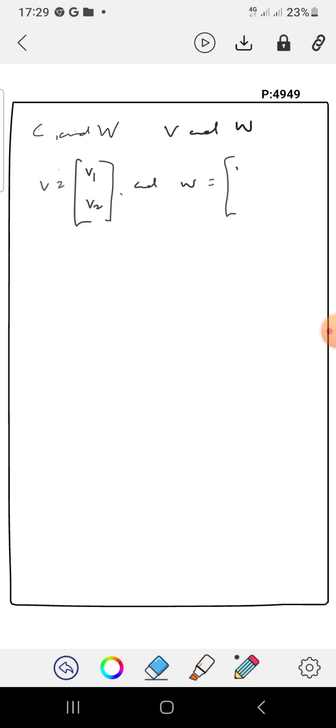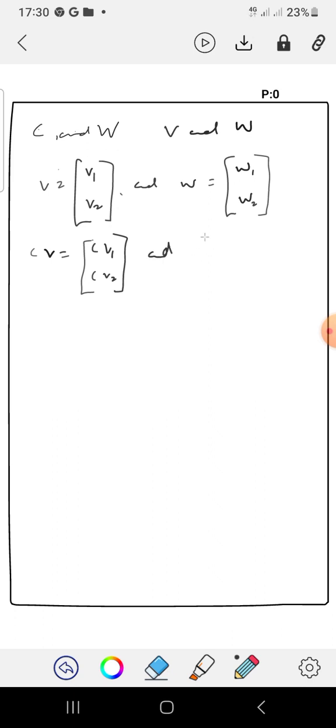And let's consider two vectors, V and omega, where V equals V1, V2, and omega equals omega 1, omega 2. So CV will be, obviously, from what we've done earlier, CV1 and CV2.